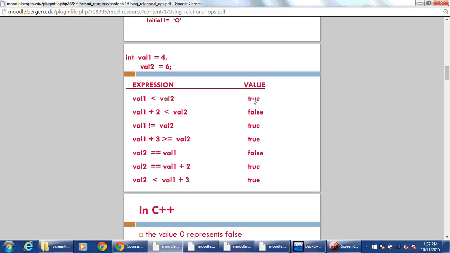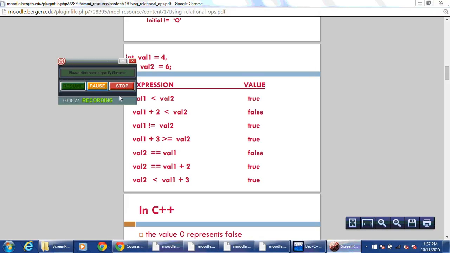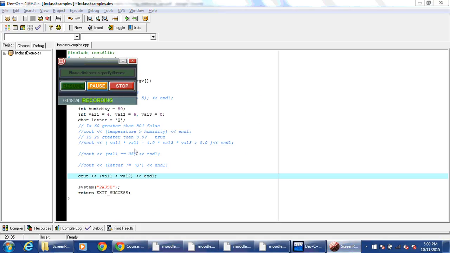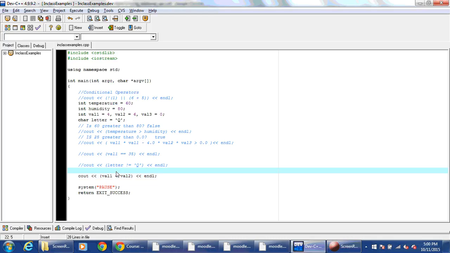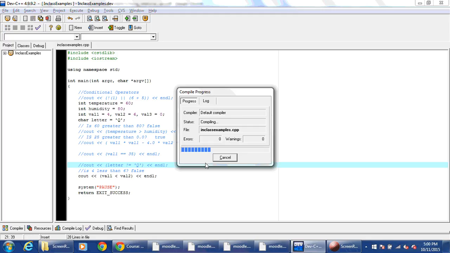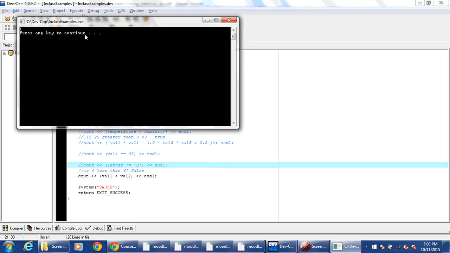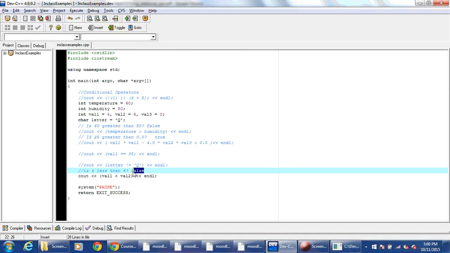According to this chart, I should get true because you ask the question, is 4 less than 6? Yes, it is.